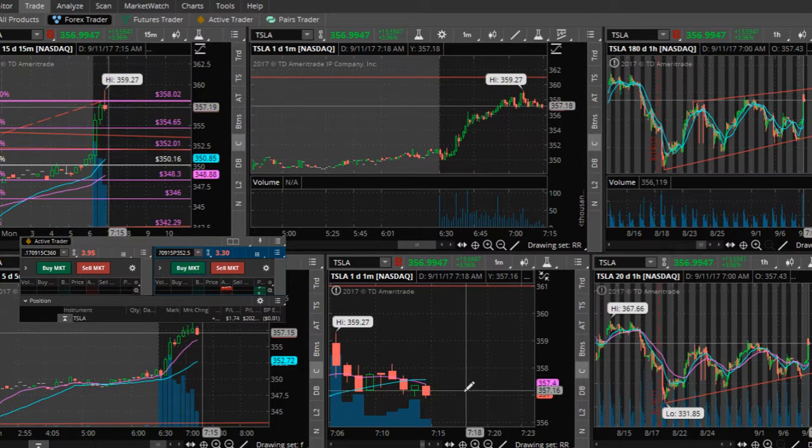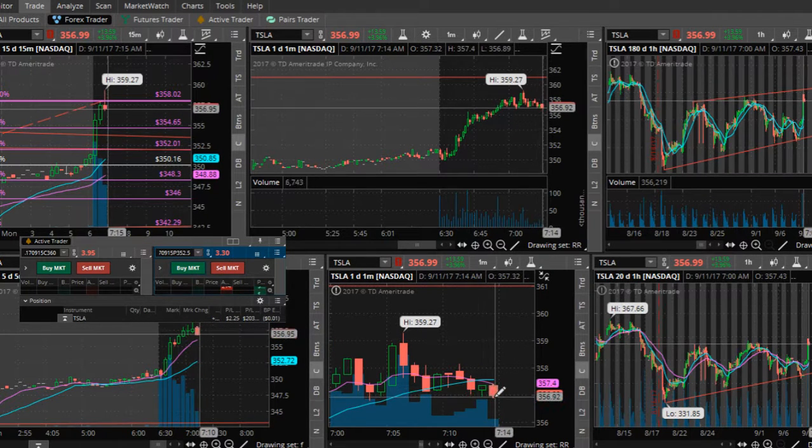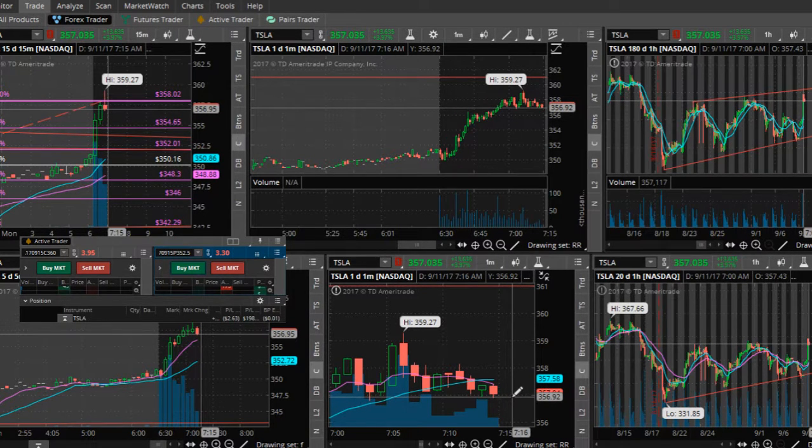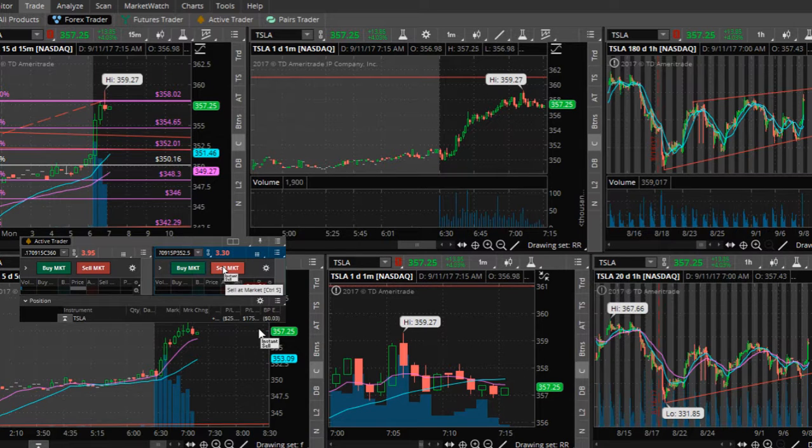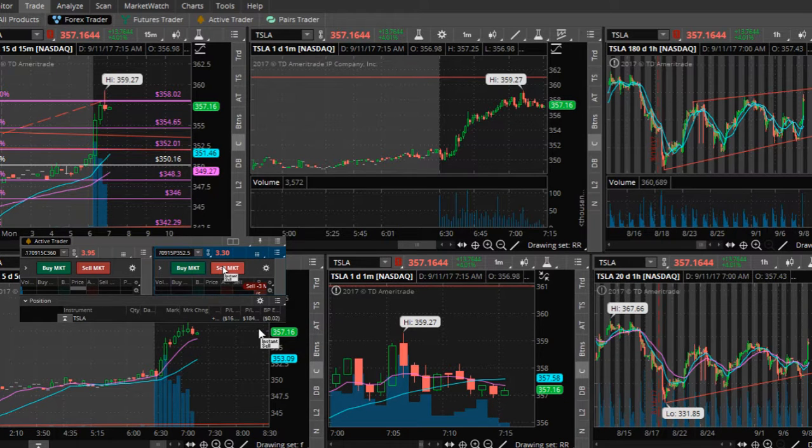Oh, it's actually holding that support level, guys. I want it to break that support level. I'd really like it to break that support level.